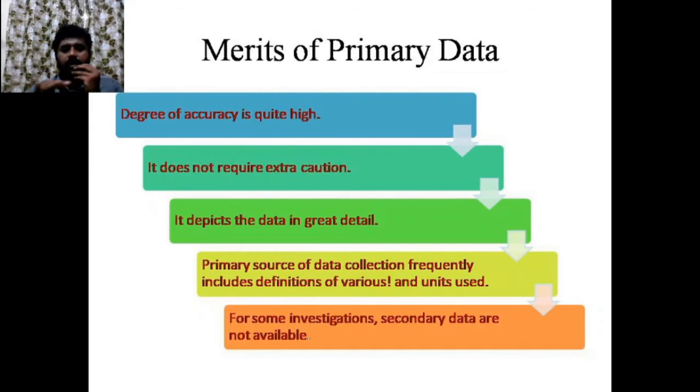Secondly, it depicts the data in great detail. When we collect the data through the primary method, we know the definitions, and for some investigations secondary data will not be available, so we have to go for the primary data. These are the merits of the primary data.